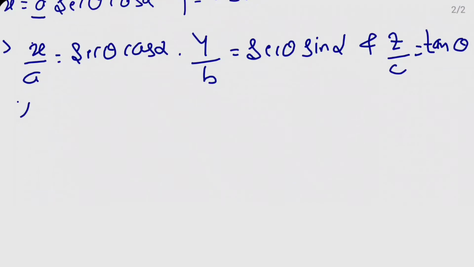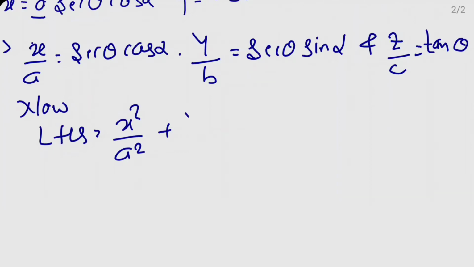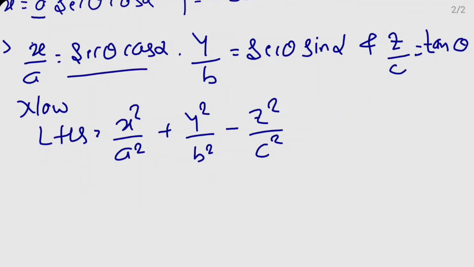Now we have LHS equals x square by a square plus y square by b square minus z square by c square, right? Already we know the value of x by a and y by b and z by c, so substitute here.